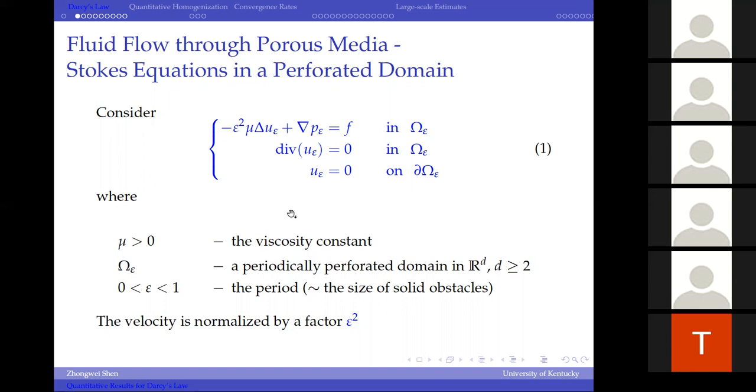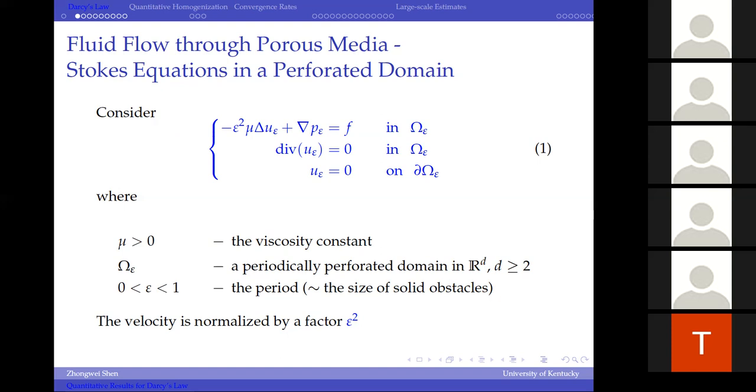Epsilon is the period of the domain, and also roughly the size of the solid obstacle. One thing I want to point out here is that the velocity has been normalized by a factor epsilon squared due to the existence of obstacles.